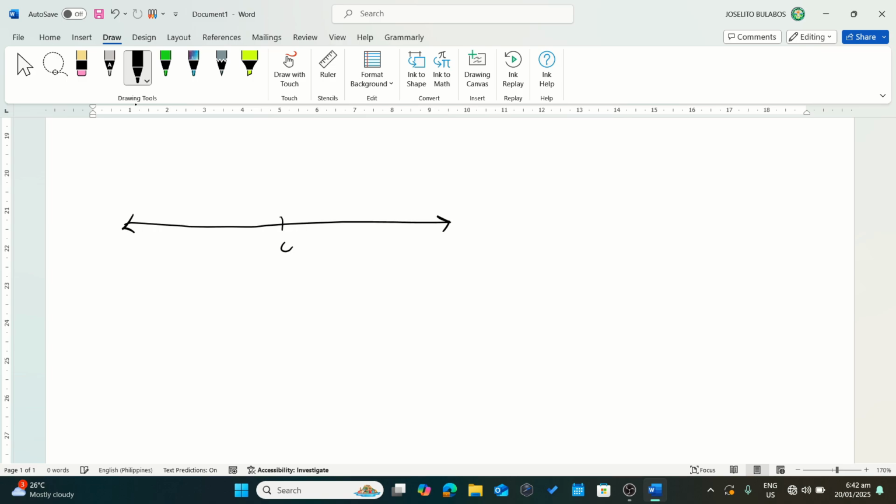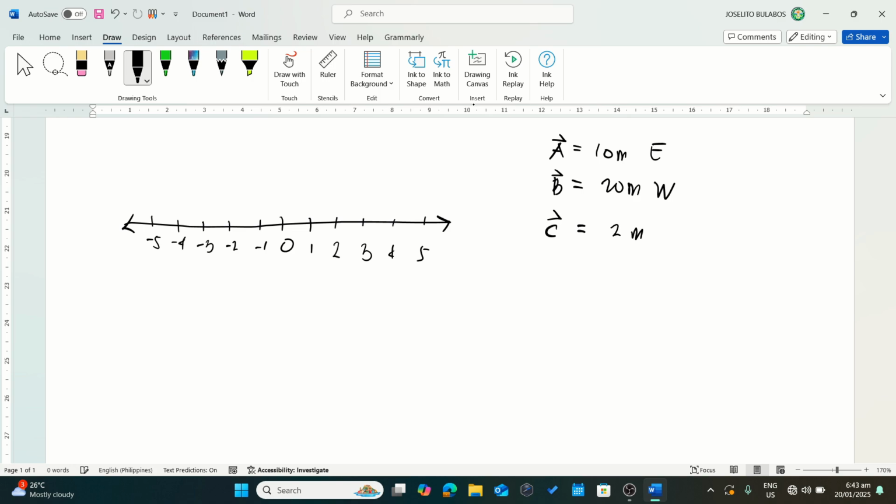So this is our origin 0. Now, these are all the given vectors. So let's say vector A is 10 meters east. Let vector B is 20 meters west, while vector C is 2 meters east.